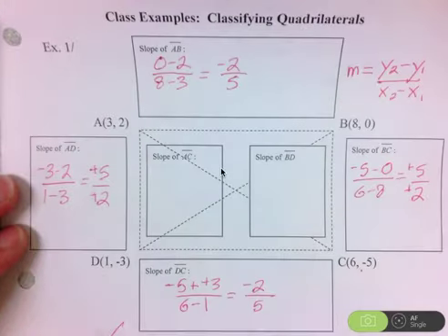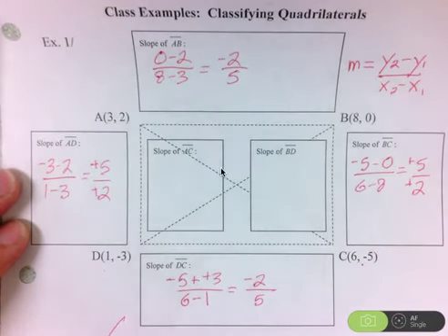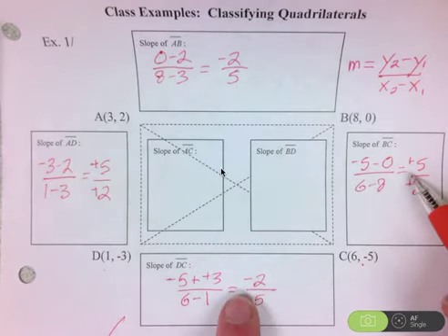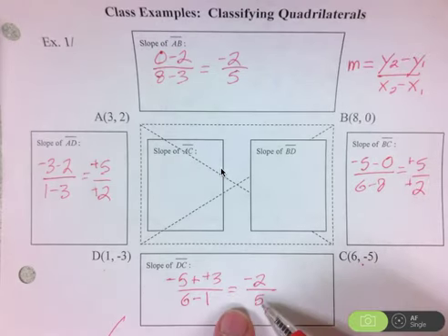But what's amazing here is I also can see I have a rectangle without doing any more work. So remember, slopes that are opposite reciprocals indicate perpendicular segments, indicate a right angle. Look, these slopes are opposite in sign, positive and negative, and they've been flipped upside down, 5 over 2, 2 over 5.